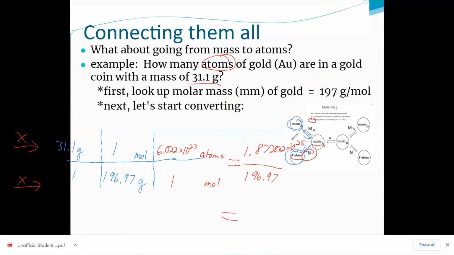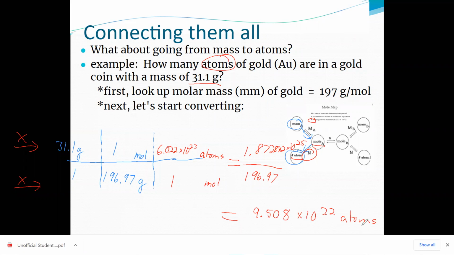Then I'm going to divide what's on the top by what is on the bottom and solve. Doing some quick division, I get 9.508, and a bunch of other numbers, times 10 to the 22nd atoms.